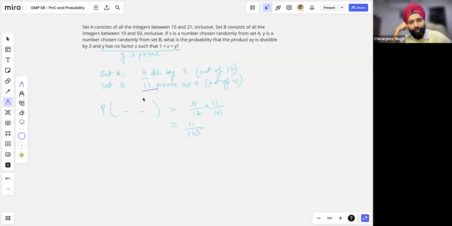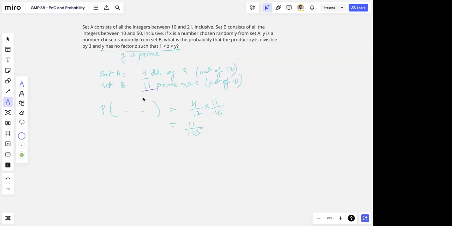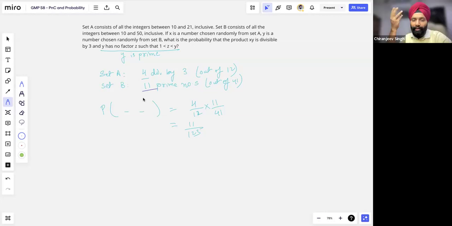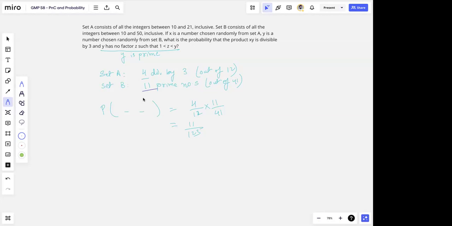It could be 10 to 50, no? No, Y is a prime number. So the Y that we are selecting should be one of those 11 numbers only. And X has to be divisible by 3, right? Then why are you not doing 4 by 4 then?